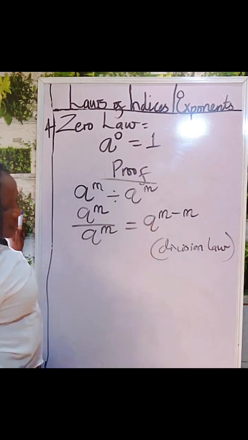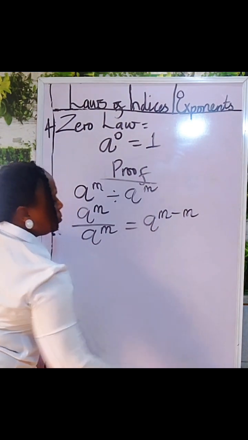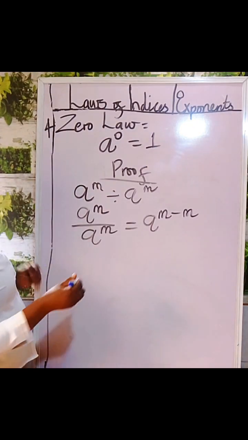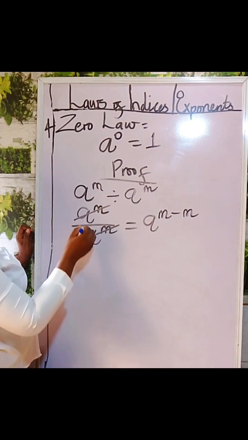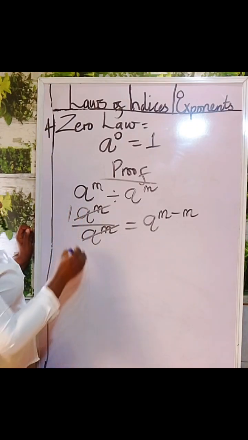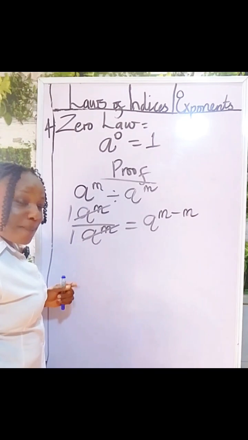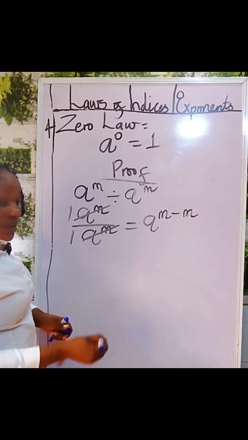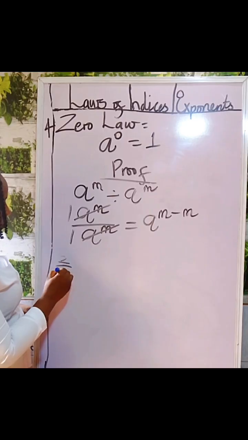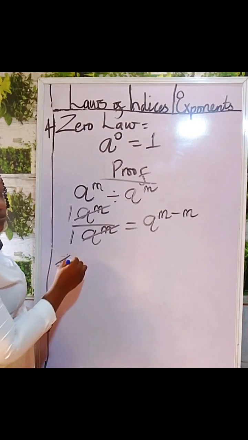So when we try to manipulate it, what will happen? This will cancel this to give us 1. So a^m divided by a^m is 1, because 2 divided by 2, the number divided by itself, gives you 1.